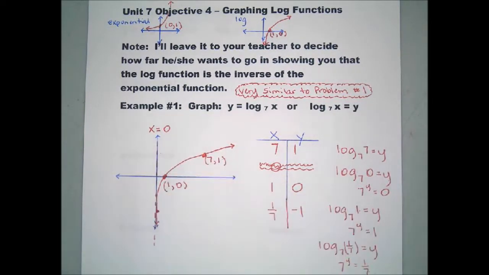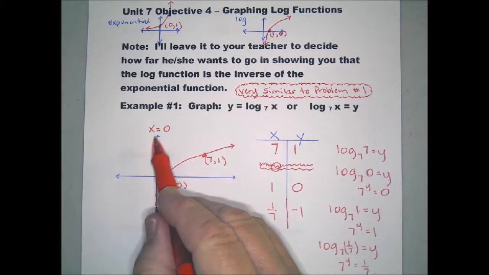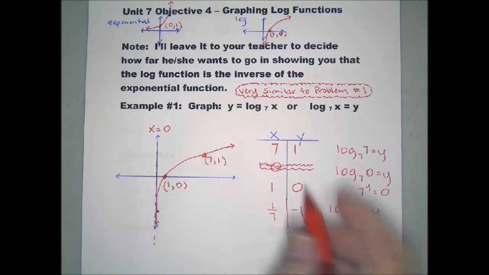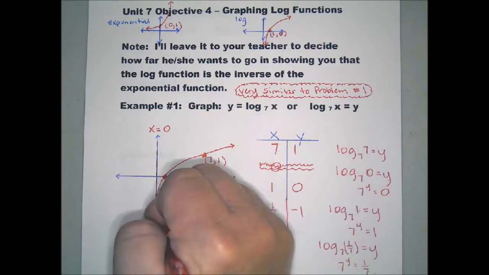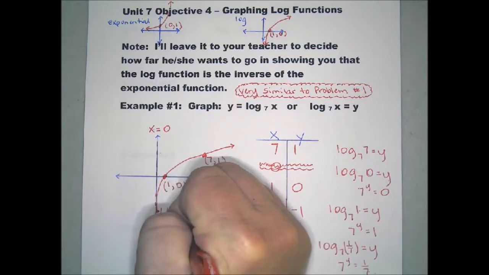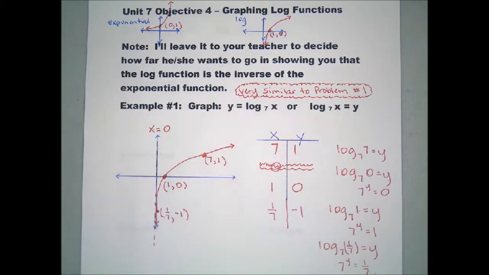So it's on that graph, really close to the y-axis, but not touching, because remember that is not only the y-axis, but it's also a vertical asymptote. So we'll say that this x value is 1/7 and its y value is -1. So there we go. There's what the graph looks like.